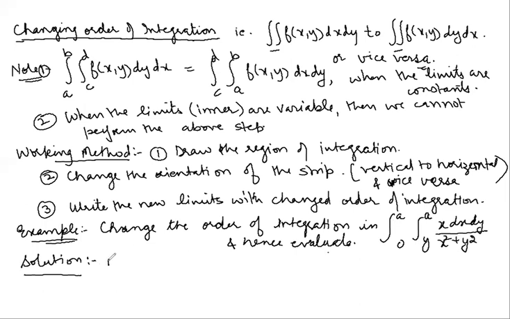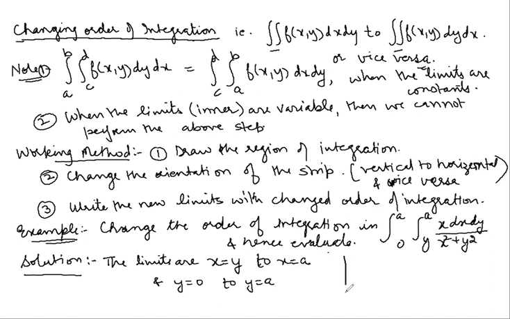ठीक है, द लिमिट्स आर, क्या है लिमिट्स? देखो, x varying from y to a, so I will write it in the proper manner that x varying from y to x equals to a, and the limits of y are y varying from 0 to y varying to a.